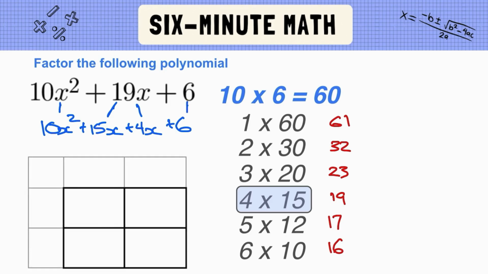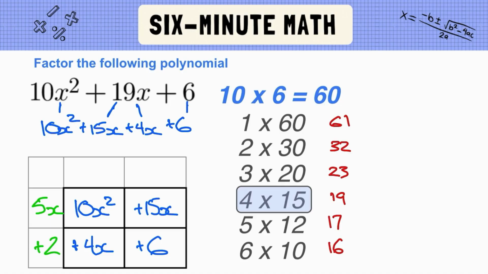I'm going to use all those terms in my box. We have 10x squared plus 15x plus 4x plus 6. 10x squared plus 15x. I can take out a 5x in that case. And 4x plus 6. I can take out a positive 2. 10x squared plus 4x.